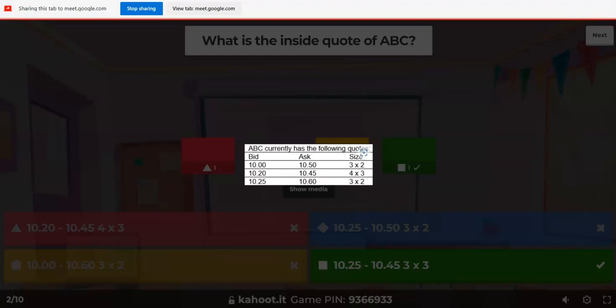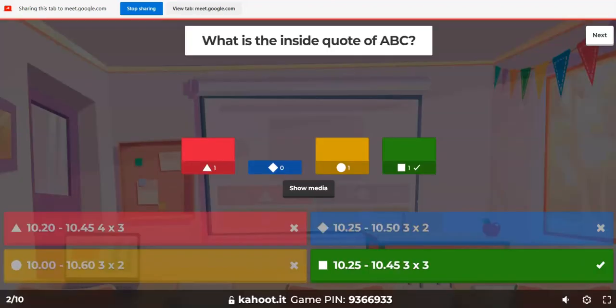For the size, the highest bid is $10.25 with a size of 3, so they're willing to buy 300 shares from you at $10.25. The ask is $10.45, for 300 shares. So that's what makes D our best choice.